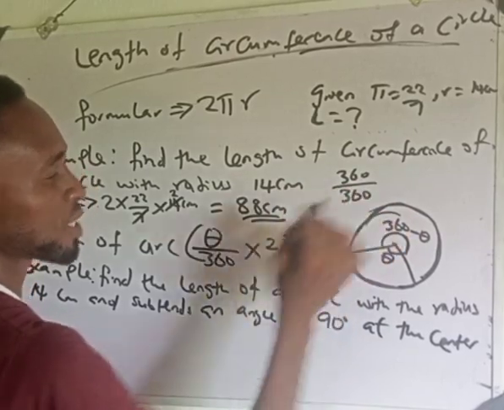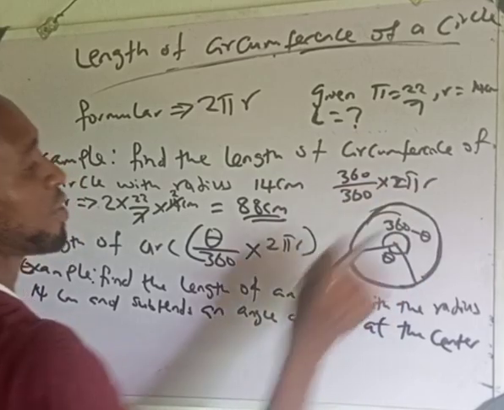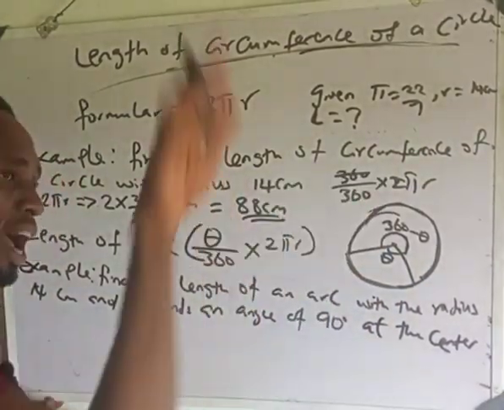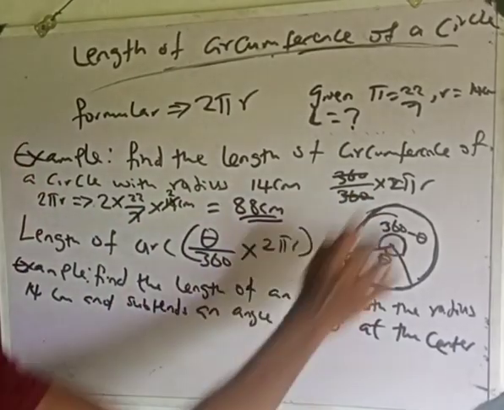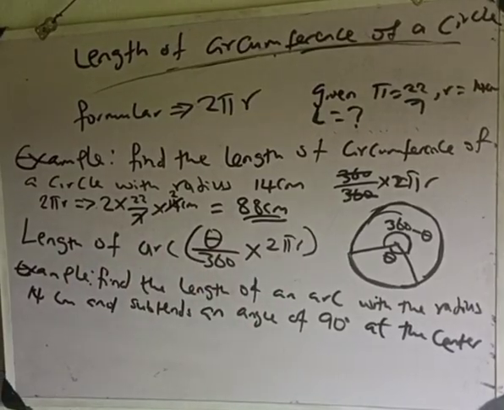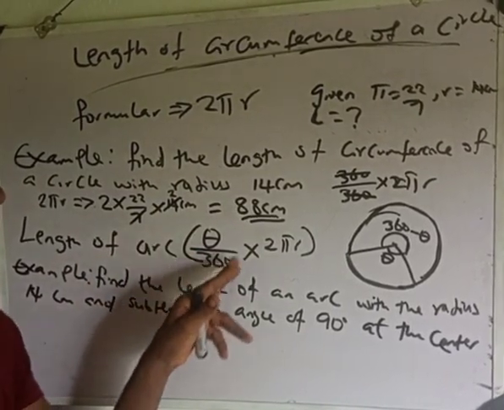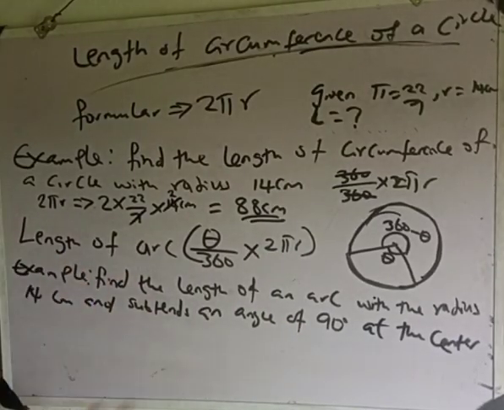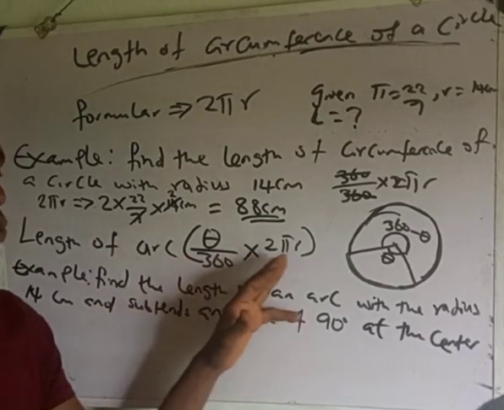That means we are taking the whole 360 times 2 pi r. But because this 360 is the total angle, the total circumference of the circle, we cancel out this 360. We now have 2 pi r left. But in this case, what we now have is theta over 360 times 2 pi r. It is as simple as that. For length of arc, the general formula is theta over 360 times 2 pi r.